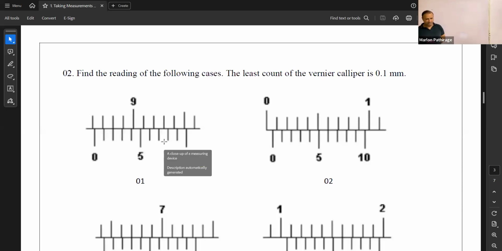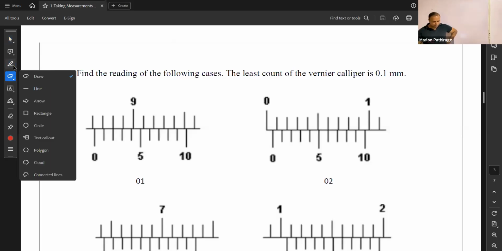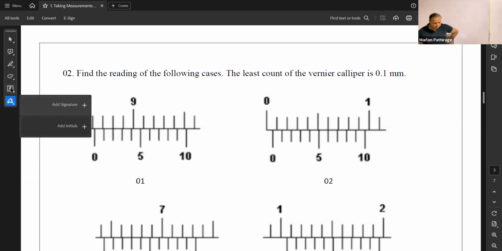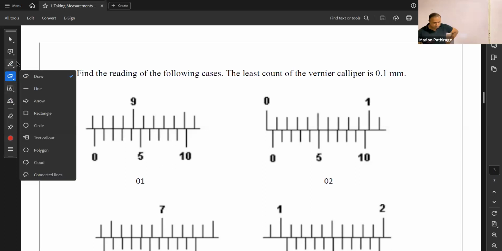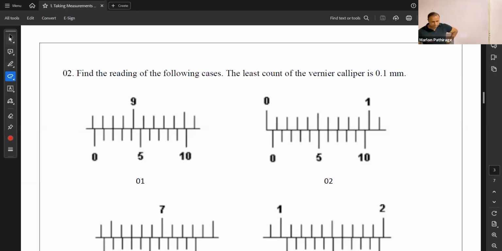Everyone, please look at the screen. Okay, look at this one.